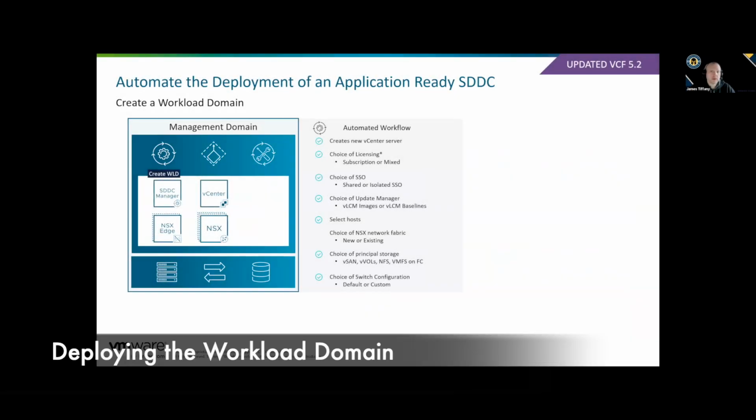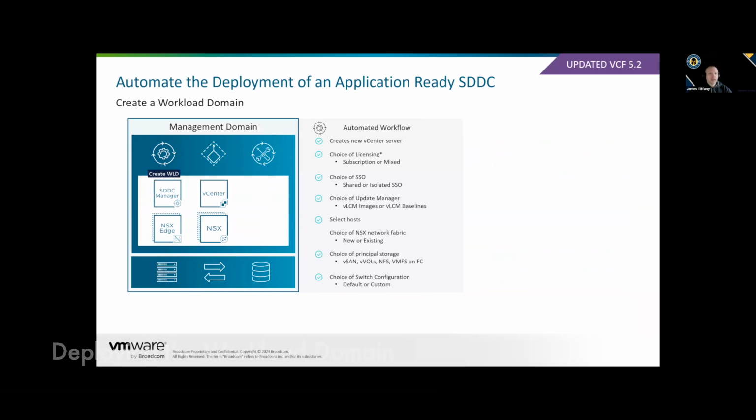When you deploy the workload domain, it's similar to what we went through during the bring up, in that you have to make a number of decisions. Licensing: again, you can deploy and then license afterwards, or you can license as part of the actual creation. We'll touch on SSO in a minute, but one of the main things you have to decide on is whether you want to use images or baselines.